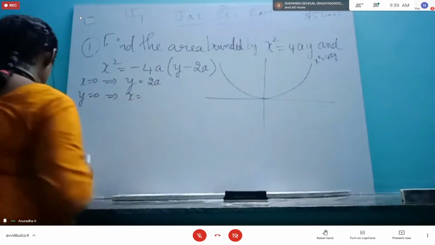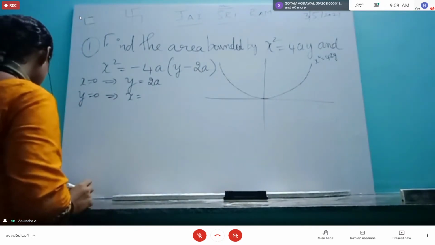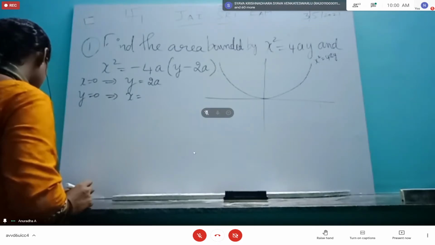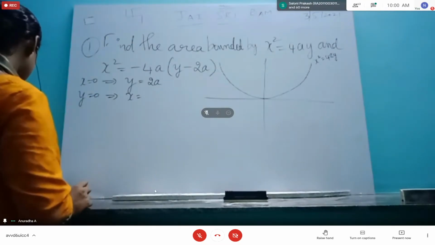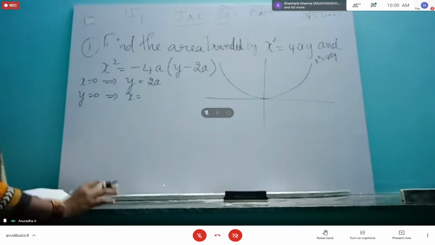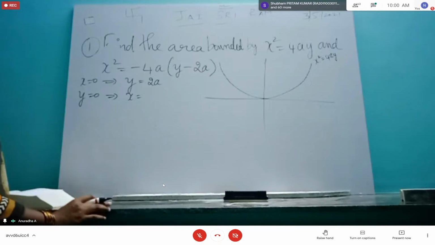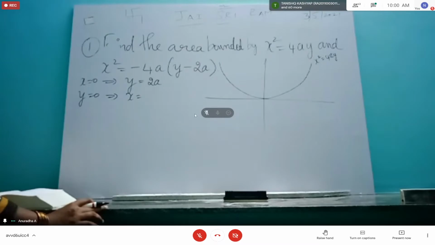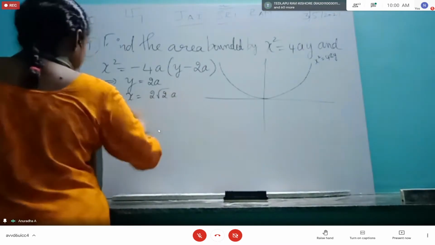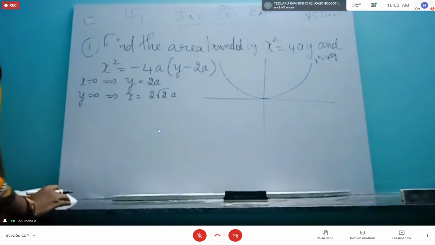Okay, but why have they given 2a? Oh no, yeah. If y is 0, then it would be 2 root 2a. In the diagram they have given us 2a. I'm not sure why.